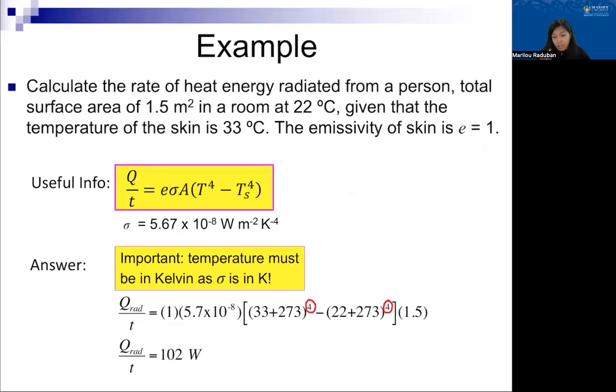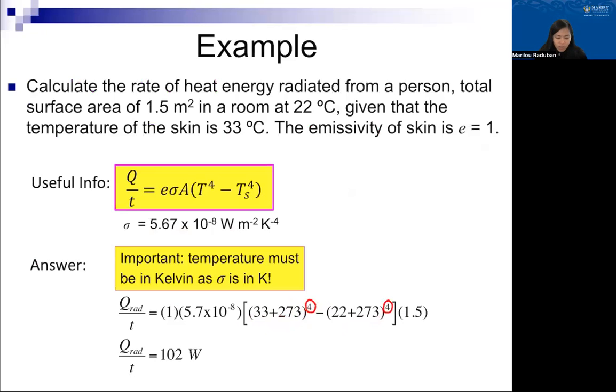All right. So I guess two pressure points in using this equation. The first one is make sure you convert your temperatures to Kelvin. Second one, don't forget to put the exponent for the temperatures. Once you've converted your temperatures to Kelvin, raise that to the power of 4.